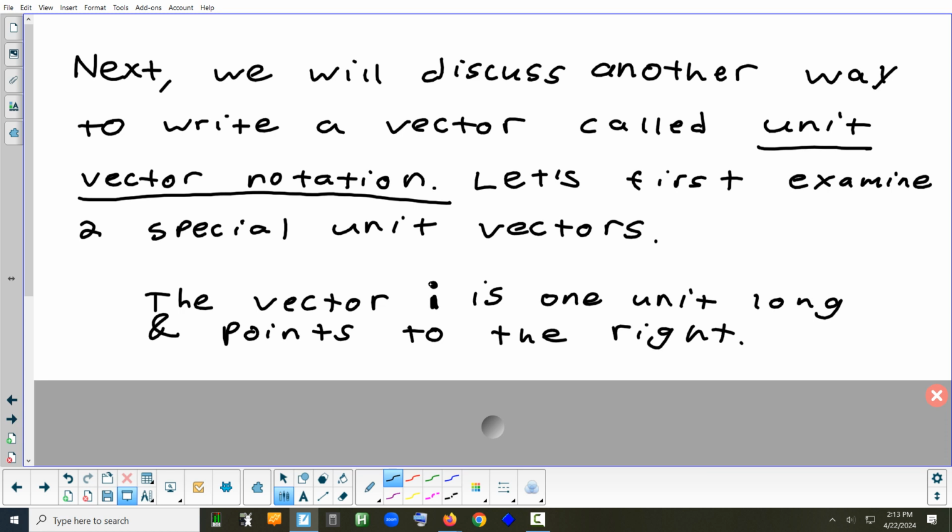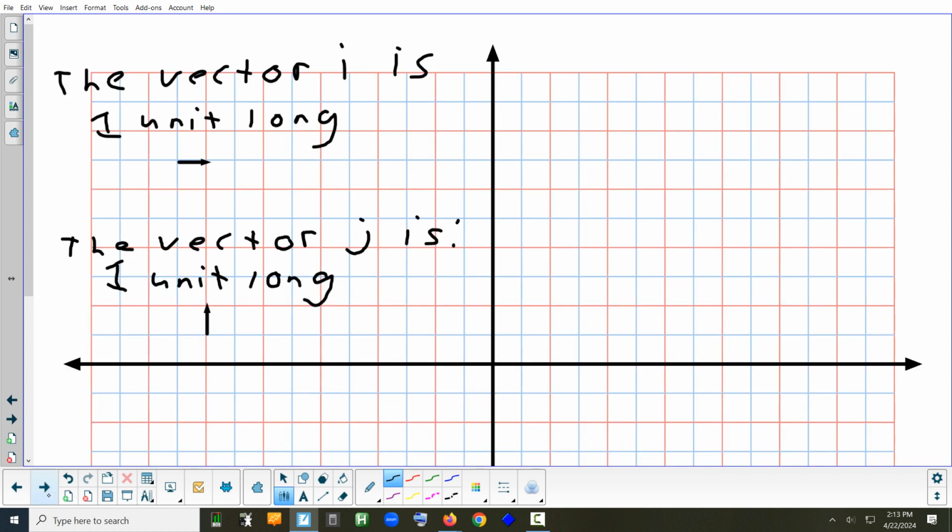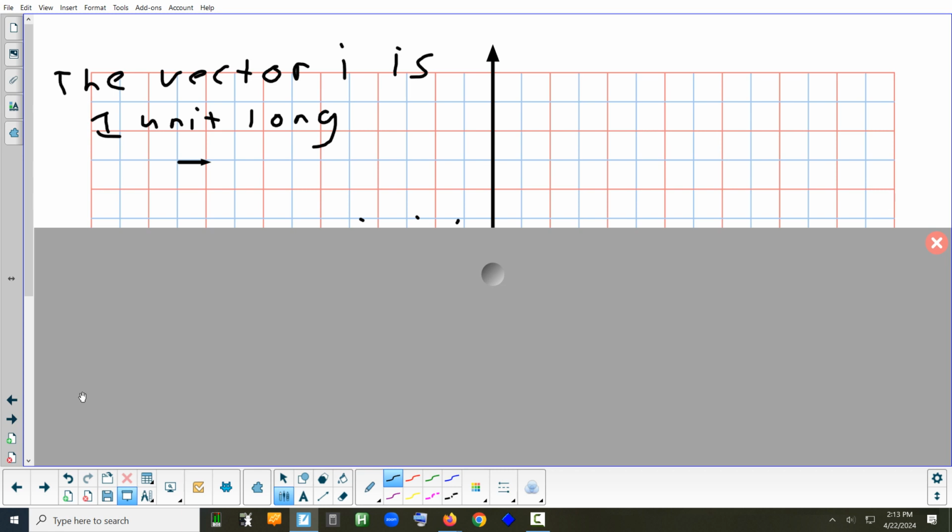So if you want to pick a name for a vector, don't ever pick an I. I is simply a vector that's 1 unit long, and it points to the right. There's a picture of what I looks like. It's 1 unit long, and it points to the right.